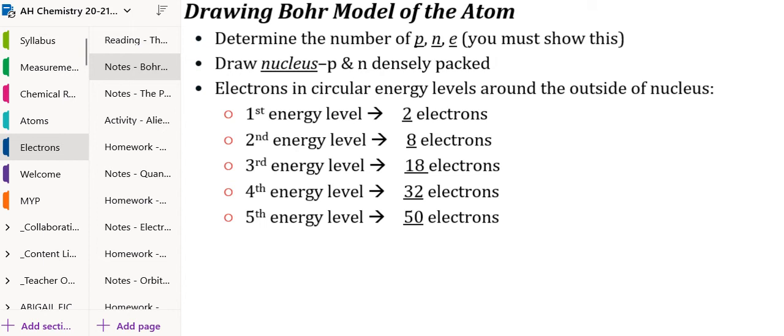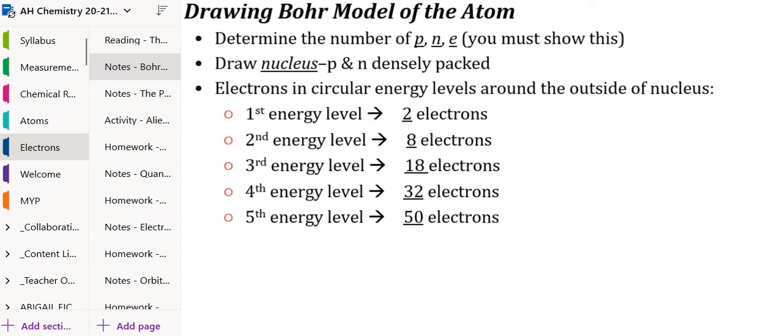Okay, so today we're going to take what we learned about the Bohr model, the last two class periods, and practice drawing how Bohr models are typically drawn on paper. So Bohr described electrons in what?